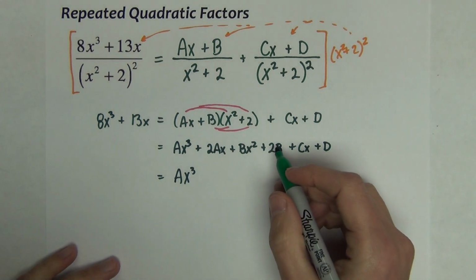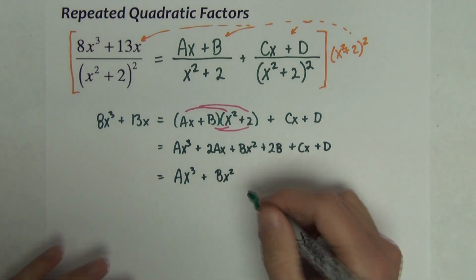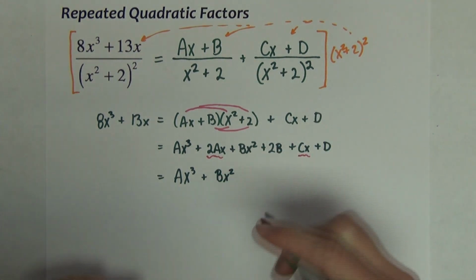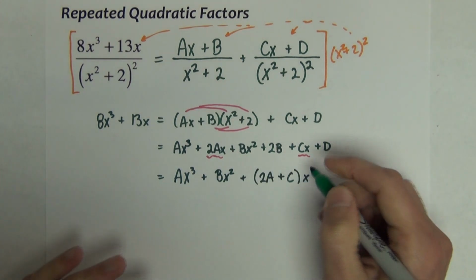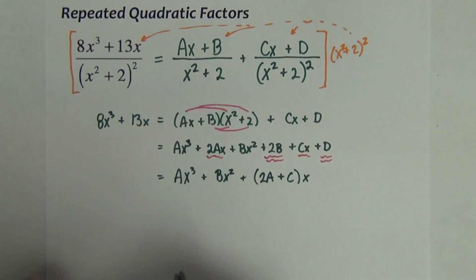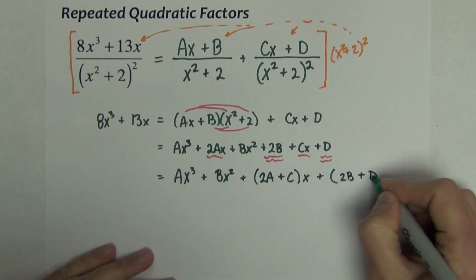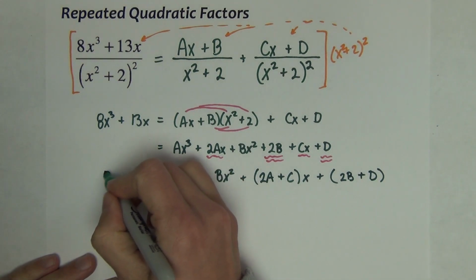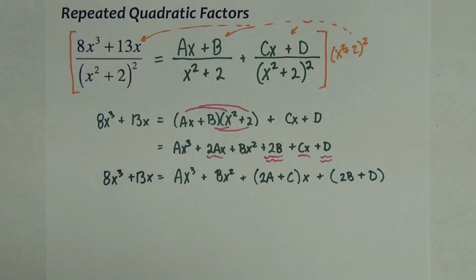Well, I only have this one x squared term. I do have a couple of x terms. Look here, there's an x, here's an x. So I'm going to put them together as 2a plus c x. And then I have a couple of terms that lack x's, so they're my constant term. I'm going to put them in a grouping symbol, 2b plus d. And this is equal to, over here, 8x cubed plus 13x.